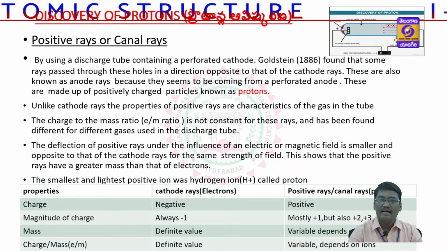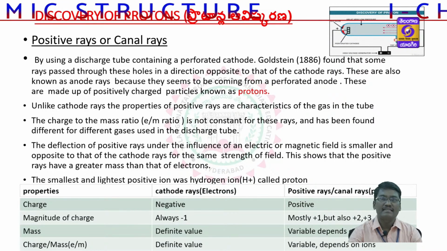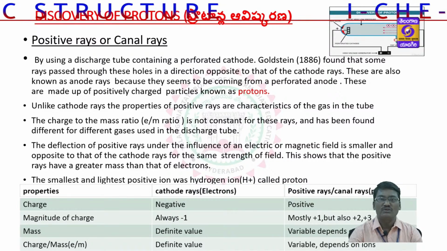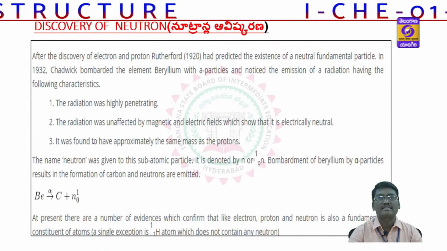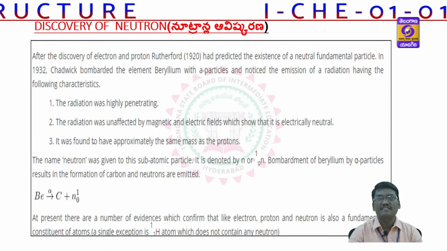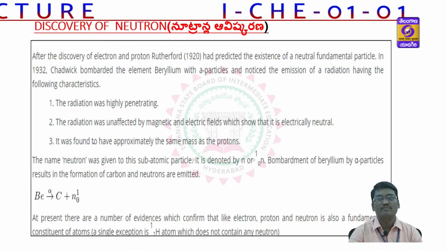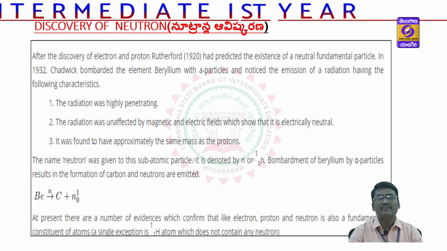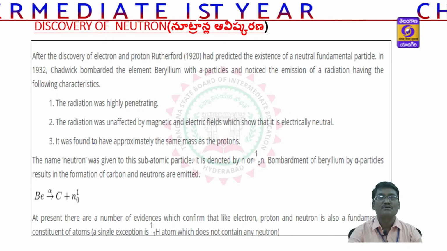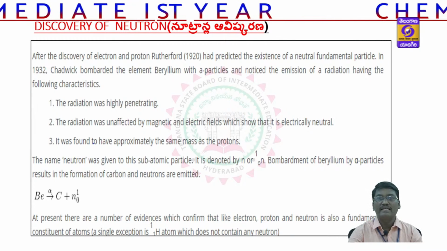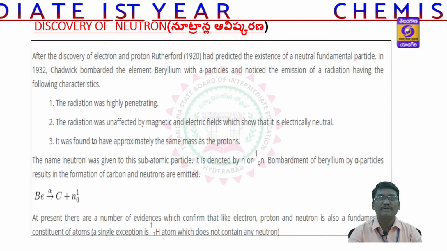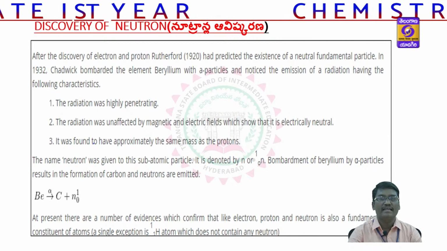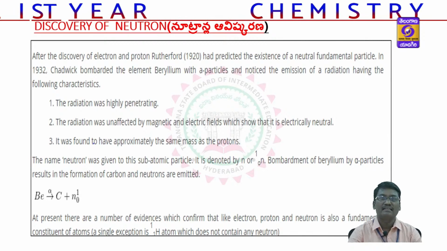Now another subatomic particle, the neutron. The name itself says that these are neutral particles. After the discovery of electrons and protons, Rutherford in 1920 predicted the existence of a neutral fundamental particle.